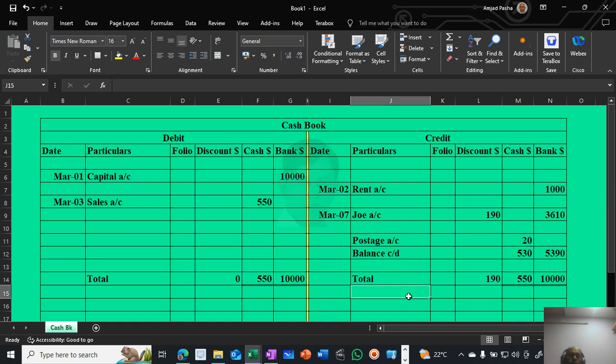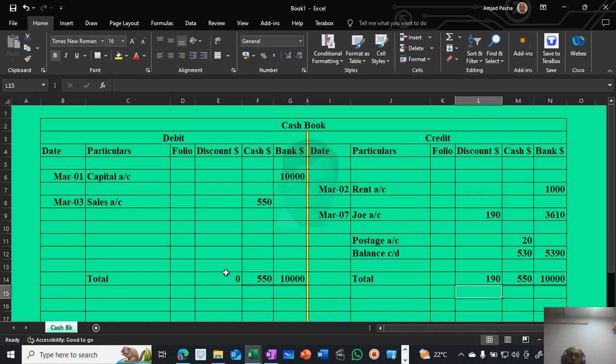And what about the discount column? Never. The discount column should never be balanced because it is not part of double entry. We are just posting it, so we have to write this directly to the ledger account. It is discount received. We have to write it as it is.